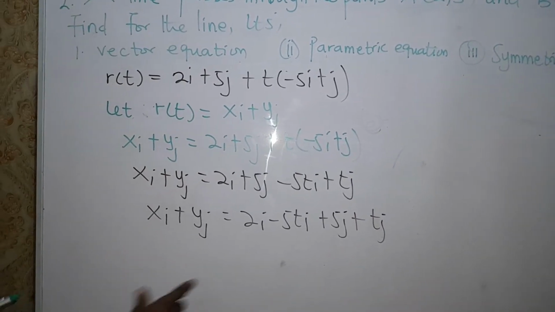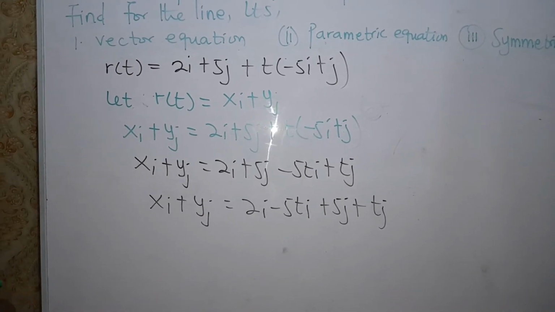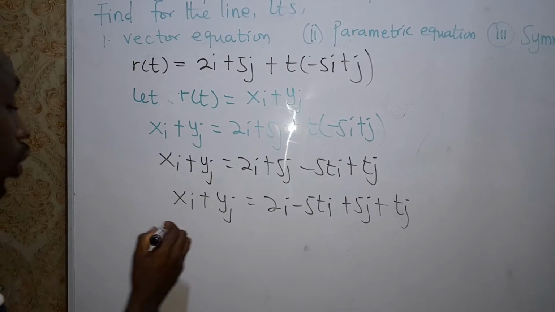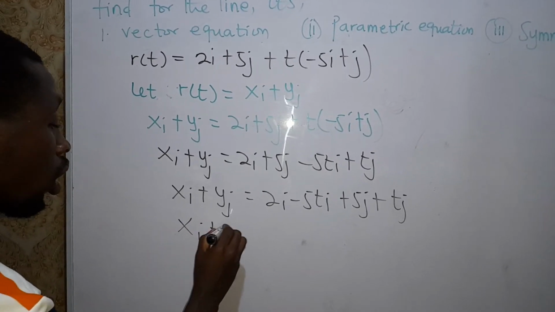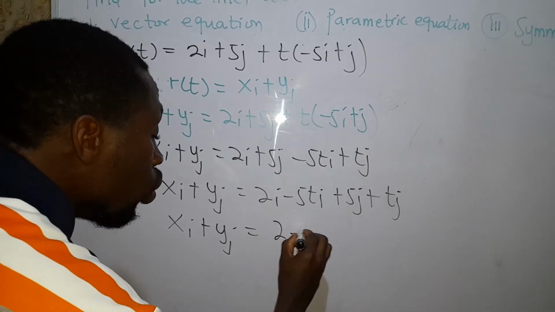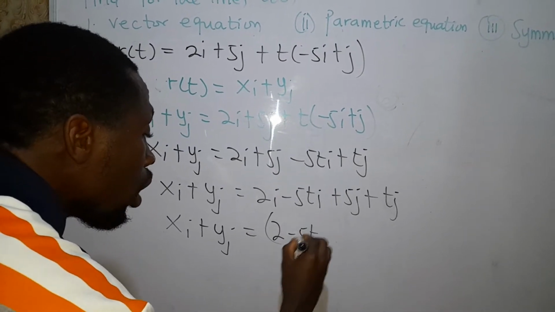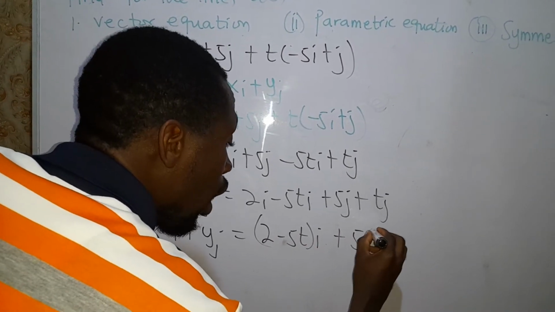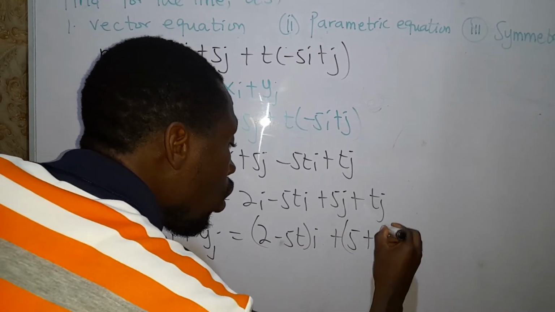So what do we have? We can factor out our i's, and we have xi plus yj equal to (2 minus 5t)i, then plus (5 plus t)j.